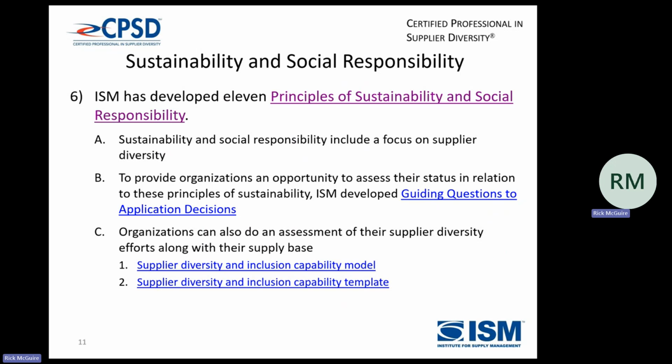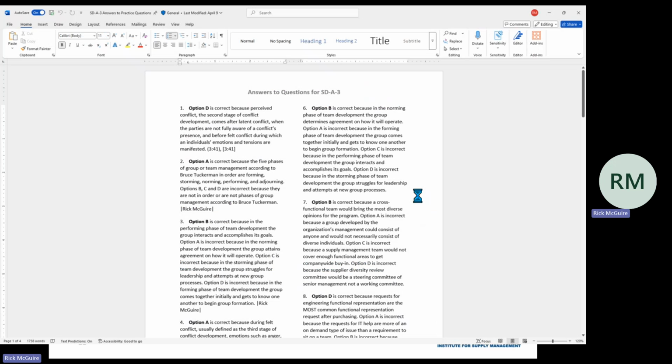Sustainability and social responsibility include a focus on supplier diversity to provide organizations an opportunity to assess their status in relation to these principles. ISM has developed guiding questions for application decisions.